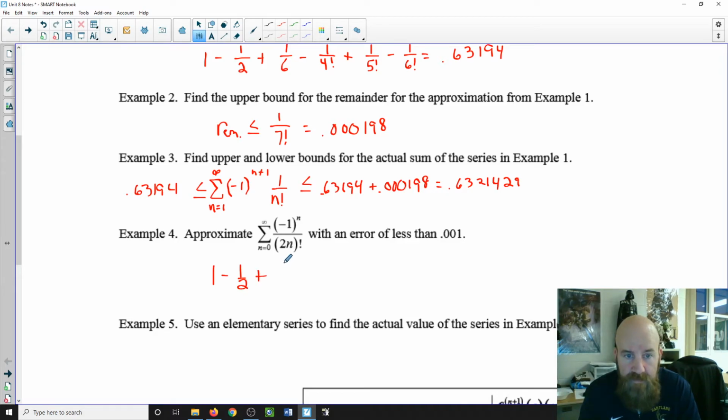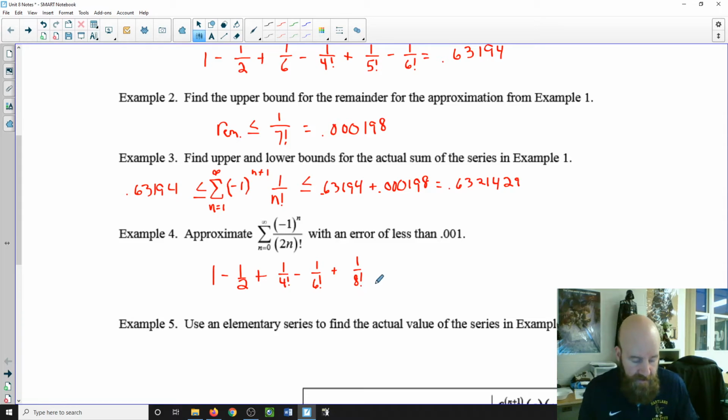Plug in 0, plug in 1, plug in 2, plug in 3, and plug in 4. Okay, so we could keep going on down the line, but what we want is an error of less than 0.001. So as soon as we get to a term that has a value less than this, we can stop.